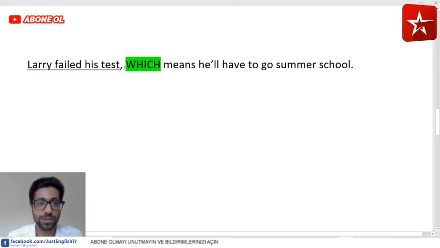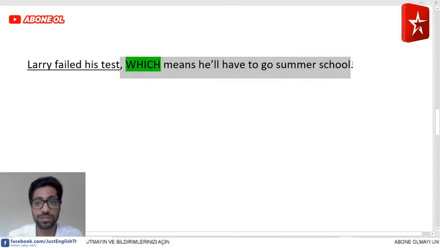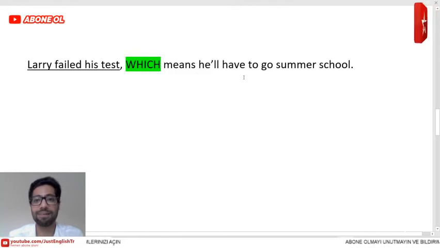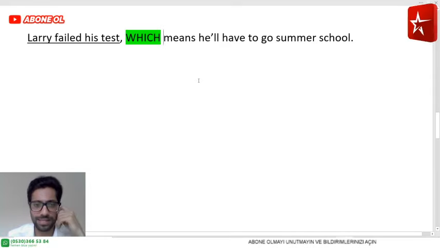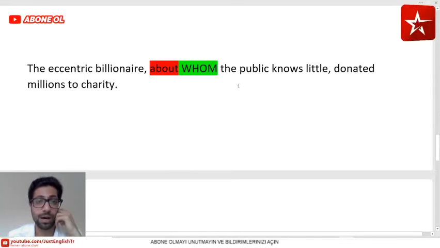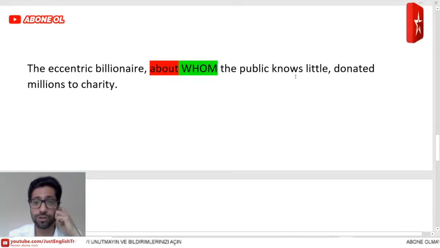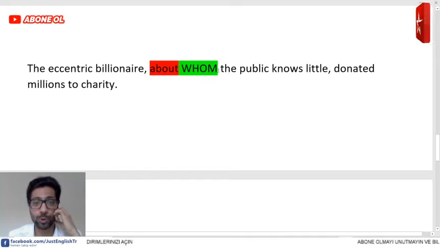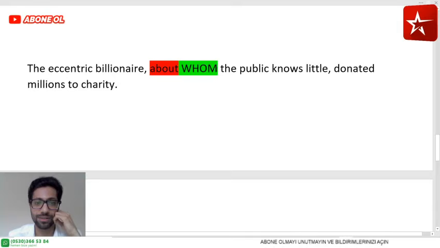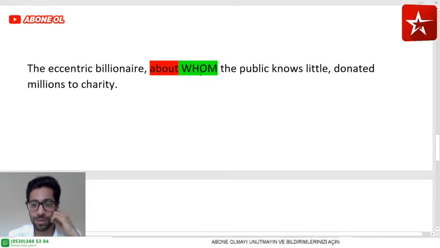And the result comes here in a relative clause, which means he'll have to go to summer school. It's as simple as it gets. We will take examples about it. Don't worry. However, this one, the eccentric billionaire about whom the public knows little, about whom they are talking, the billionaire, the man. Okay? So about whom?